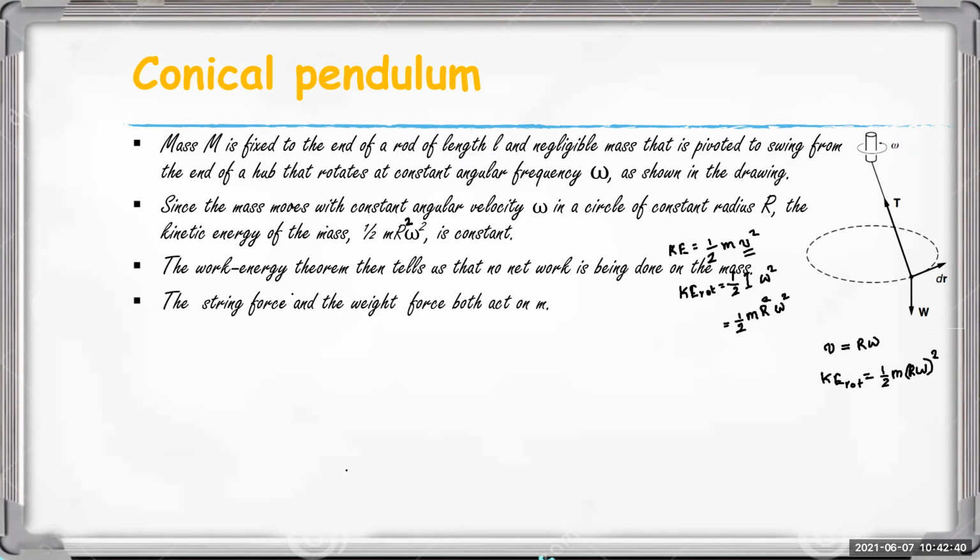Here we will discuss how the work done is 0. Look at the diagram. Here, the string force, that is the tension, and the weight. Tension acts in this direction and weight acts downward.